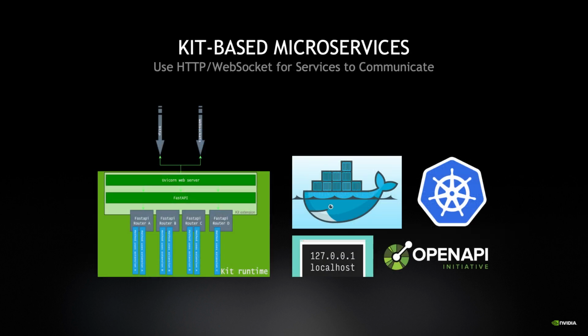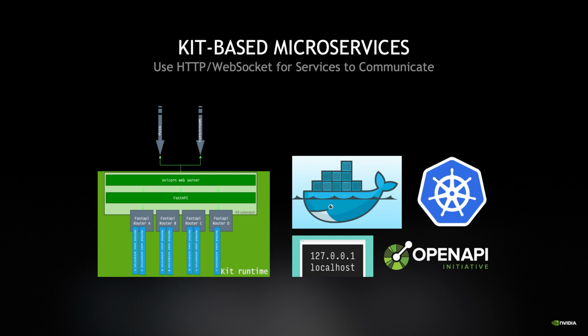The other way is, because Kit is built upon Python and open source technologies, we're able to bubble up all of the great APIs that are available in the web to write microservices using Python. That includes technology around Docker, Kubernetes, and OpenAPI.